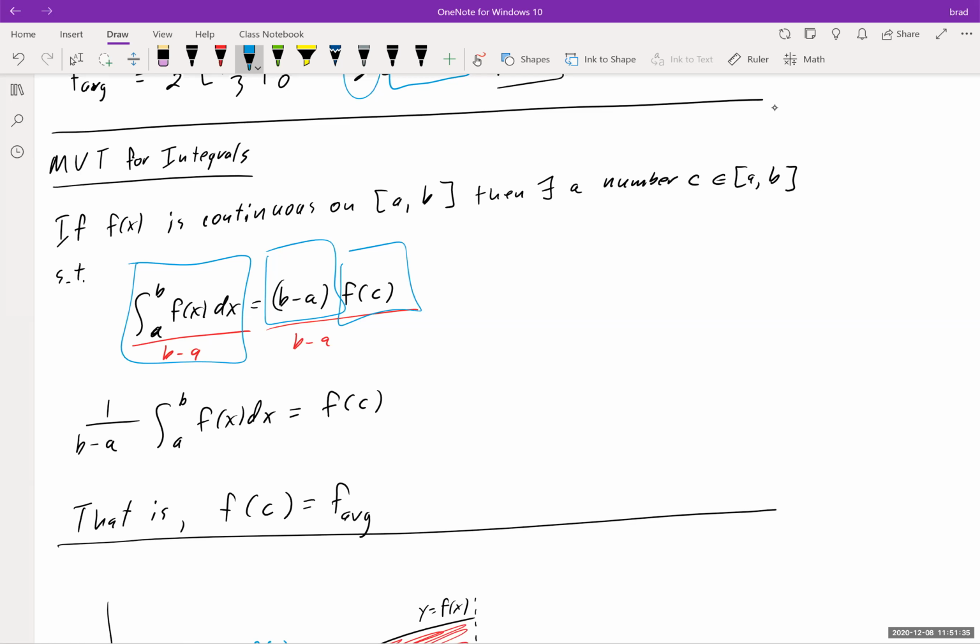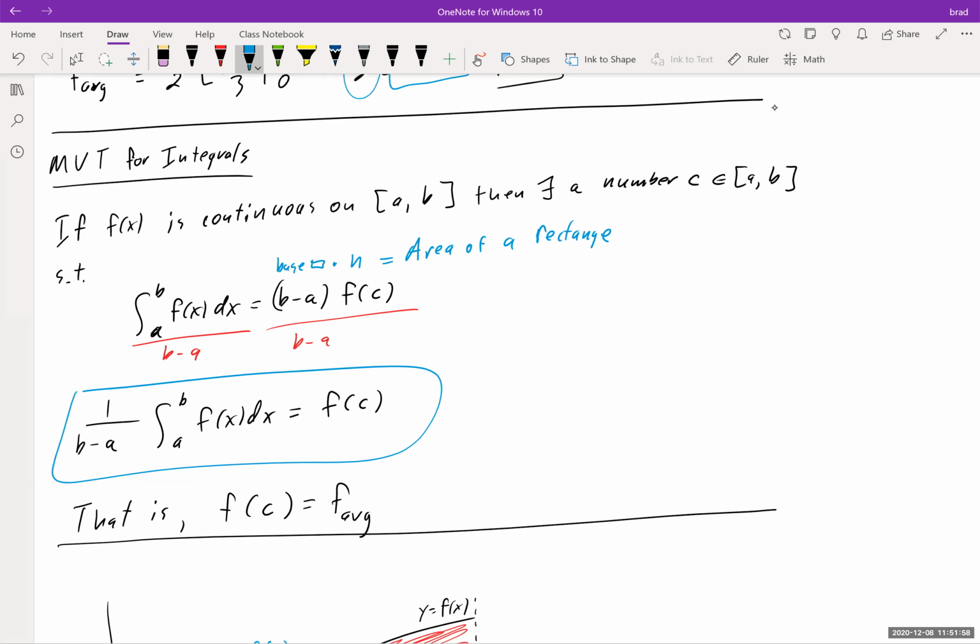Well, b minus a is the base of the rectangle, and f of c is the height, h, right? So this is really saying base times height, which is equal to the area of a rectangle. So this is just us manipulating it to have f average equal to f of c, but this is what it actually says right here, right?